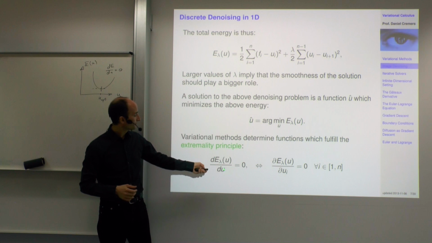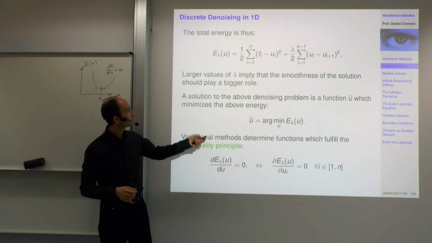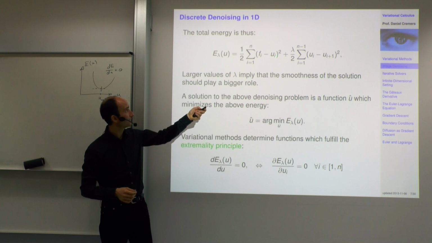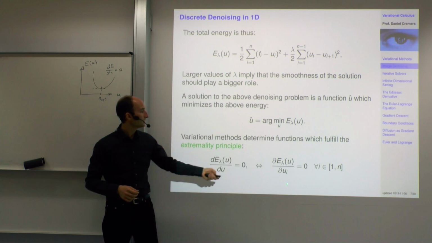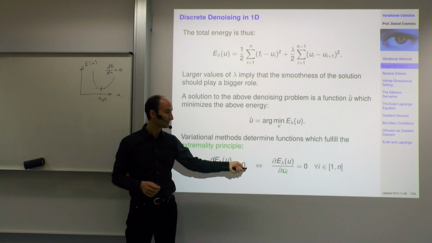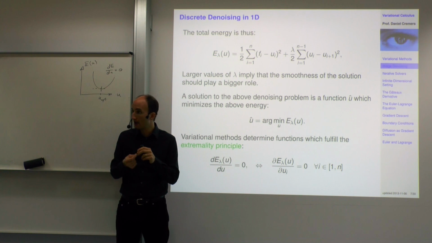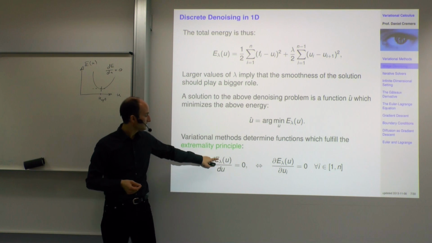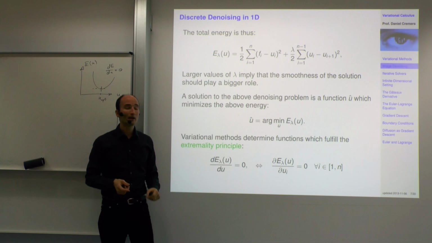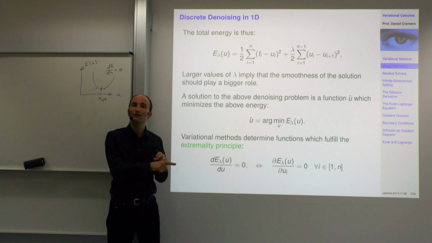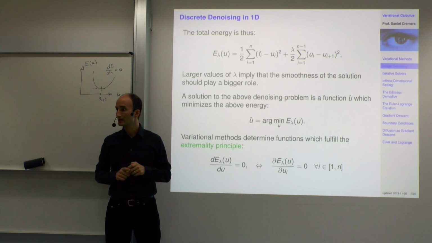And now, since our function u is a discrete set of n brightness values, u1 through un, there is actually n derivatives. There are n degrees of freedom in our optimization problem, and dE by du must be 0 really means that the derivative in each of these dimensions must be 0.